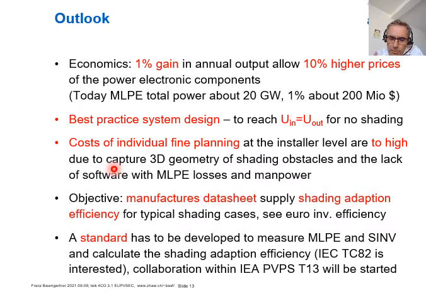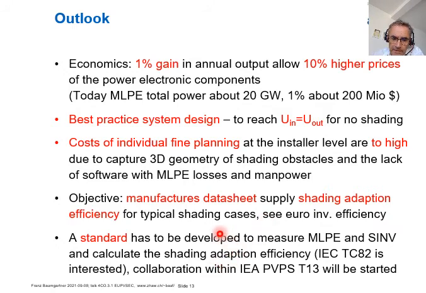Therefore we propose these 6 typical shading conditions as a datasheet value which the manufacturers should show in their datasheet, in the same way that manufacturers show the European and the California efficiency for standard inverters. That, in our opinion, is the simplest and real practical solution, not ending up with a very complicated simulation tool for each small single family house system. That will not work on the market.